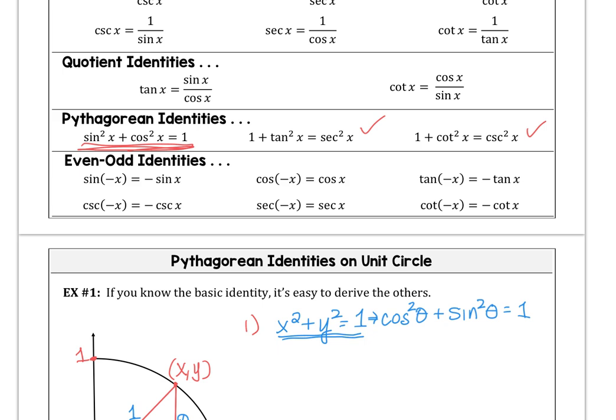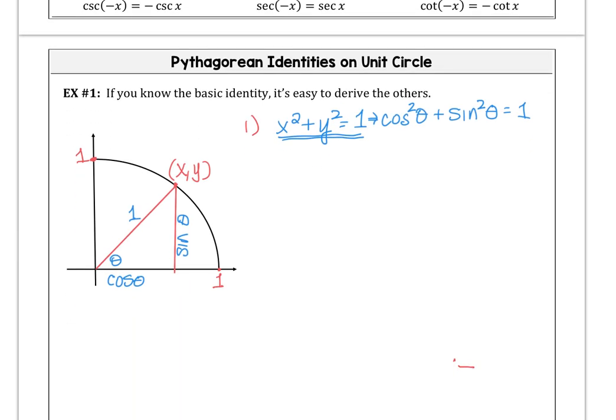Okay, so we have this basic identity, and we can derive the other formulas by taking that basic identity: cosine squared theta plus sine squared theta equals 1. The second identity comes when we divide each term in that equation by cosine squared.